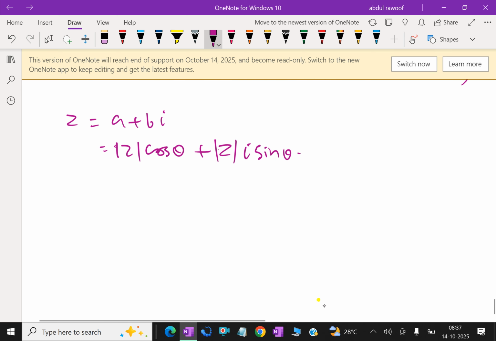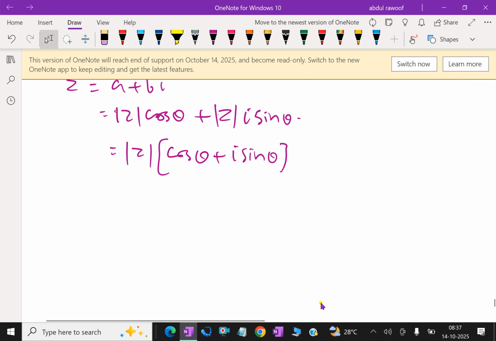Now modulus of z take out common: cos theta plus i sin theta. By Euler's formula, we can say z equal modulus z into cos theta plus i sin theta. By Euler's formula, I can write e power i theta.